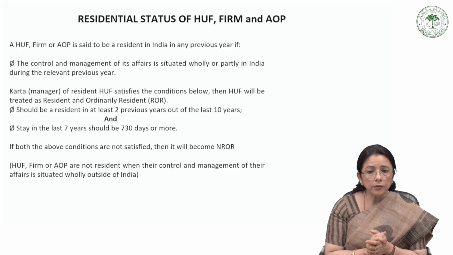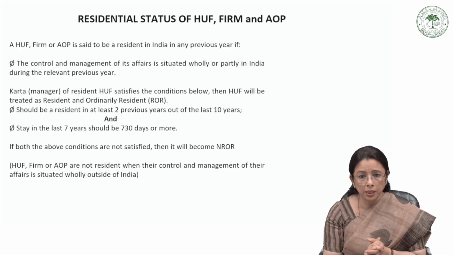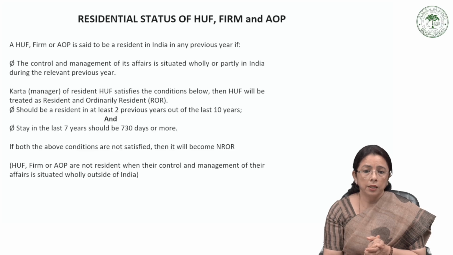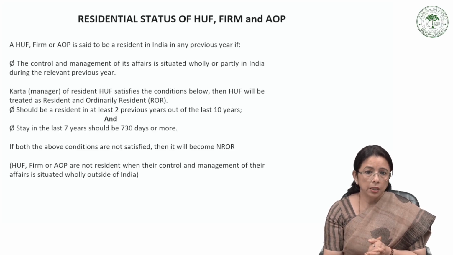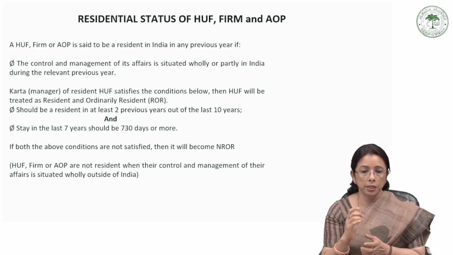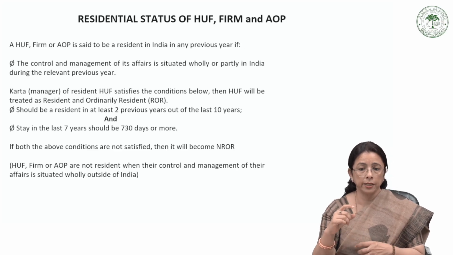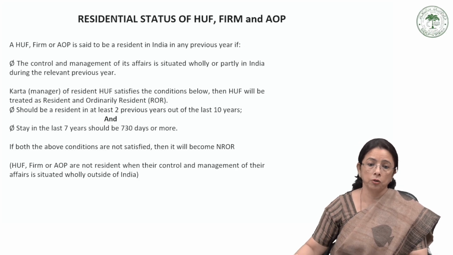It does not refer to where business operations are physically carried out, but rather where policy decisions are made. So we have to decide on the basis of the control and management of its affairs.